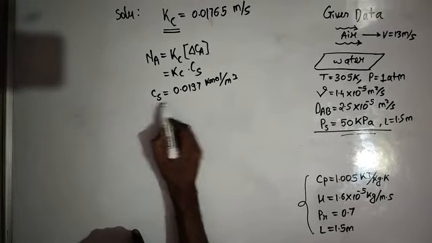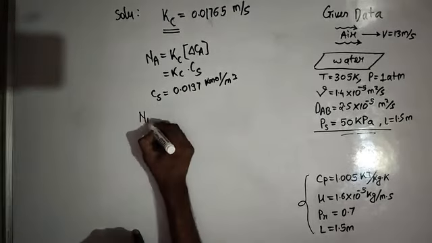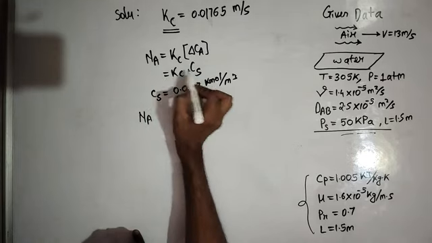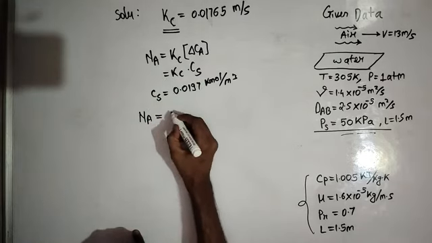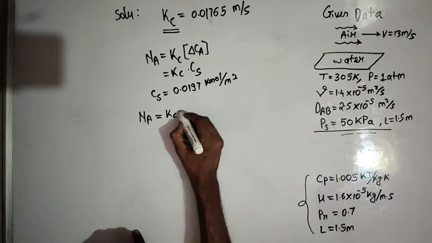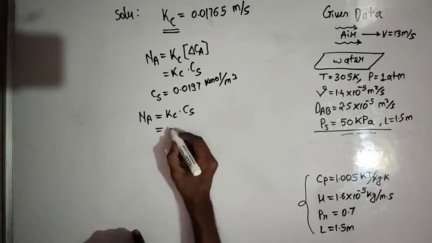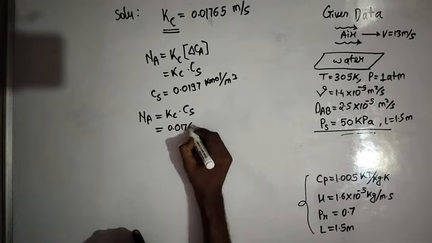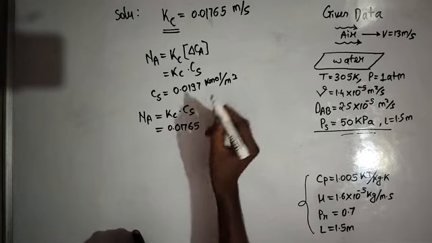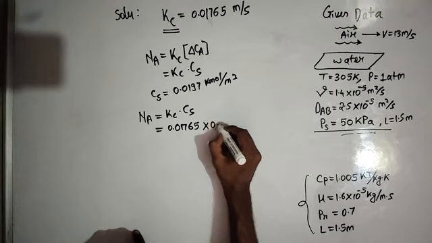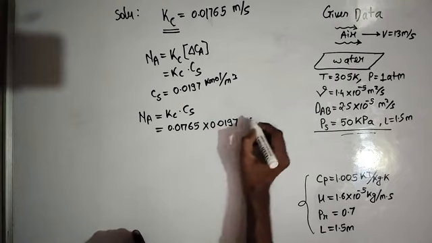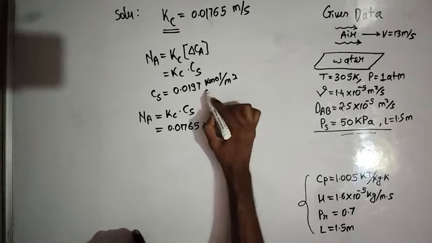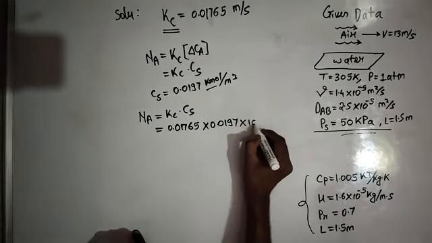So now we have the value of Cs. We will substitute the value of Cs in the molar rate equation, which is Kc into Cs. Here we will substitute the values 0.01765 meter per second into 0.0197. We will convert this kilomole to mole, so we will multiply by 1000.